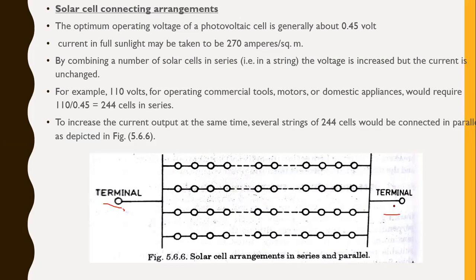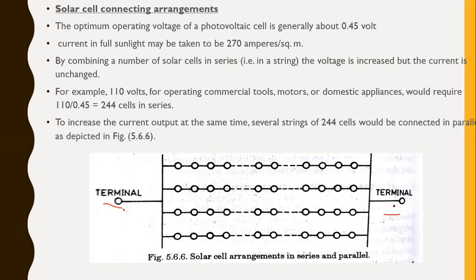Okay, so both series and parallel combinations are possible in solar cell arrangements. Actually, cells are connected in parallel first, for desired currents. If you connect in parallel, currents will be distributed and the total current at last will be more.